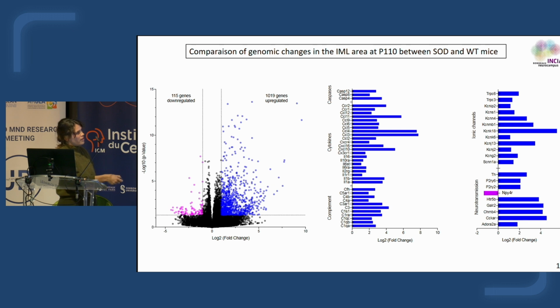And we also saw that there are some ionic channels, including potassium channels, and some receptors and enzymes that are involved in sympathetic neurotransmission. So we can imagine that there is in this area some modification in the cell physiology.